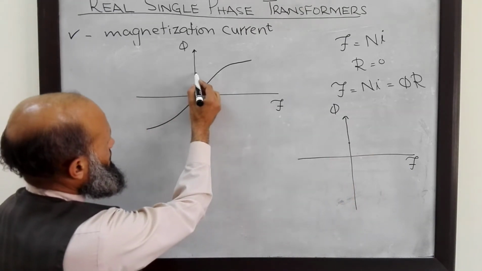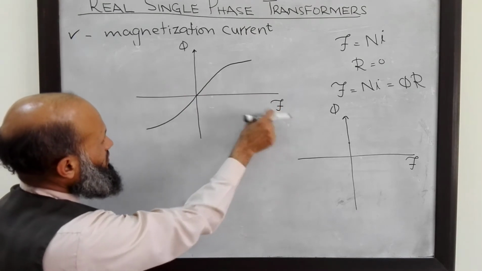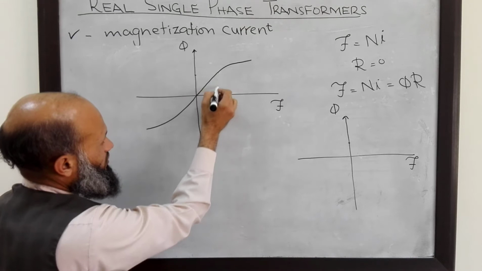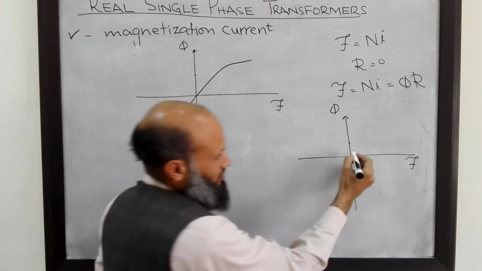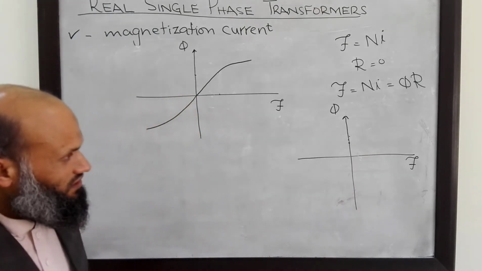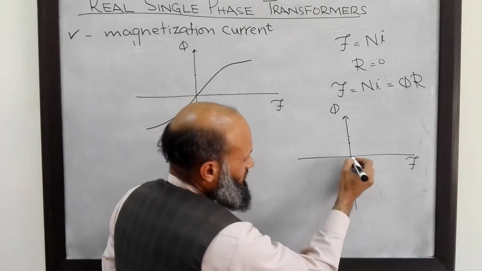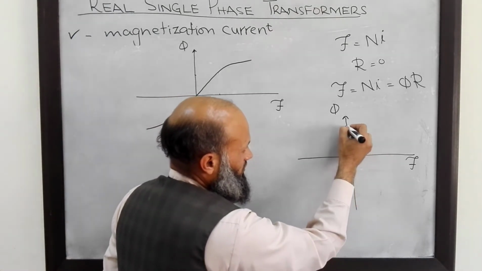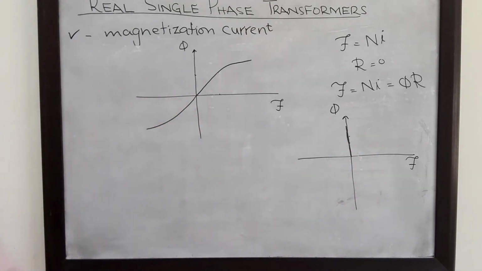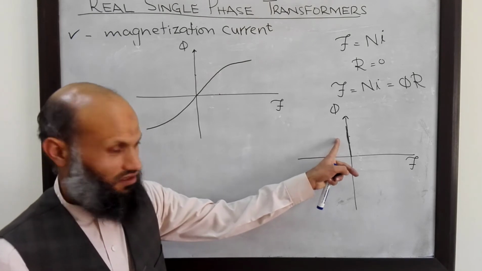That is not the case over here. In case of a real transformer, for this flux, we have this much MMF. Here, whatever is the magnitude of flux, MMF is 0. So the magnetization curve for an ideal core is given by this graph.